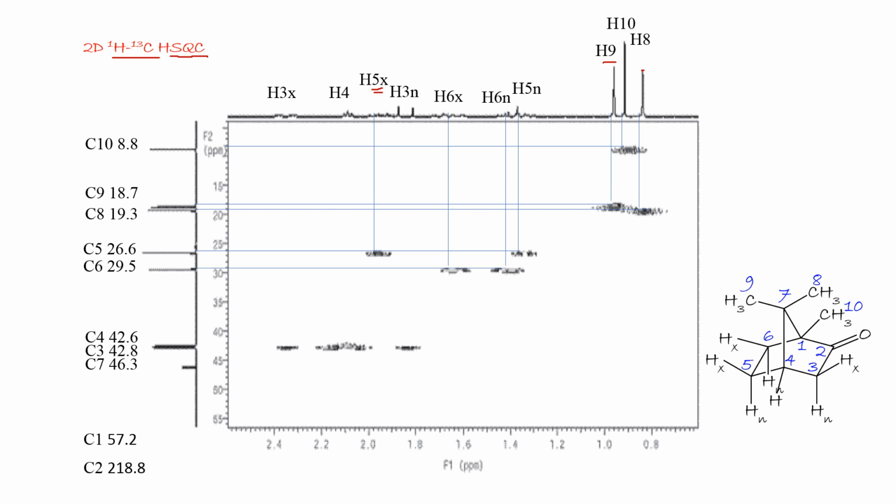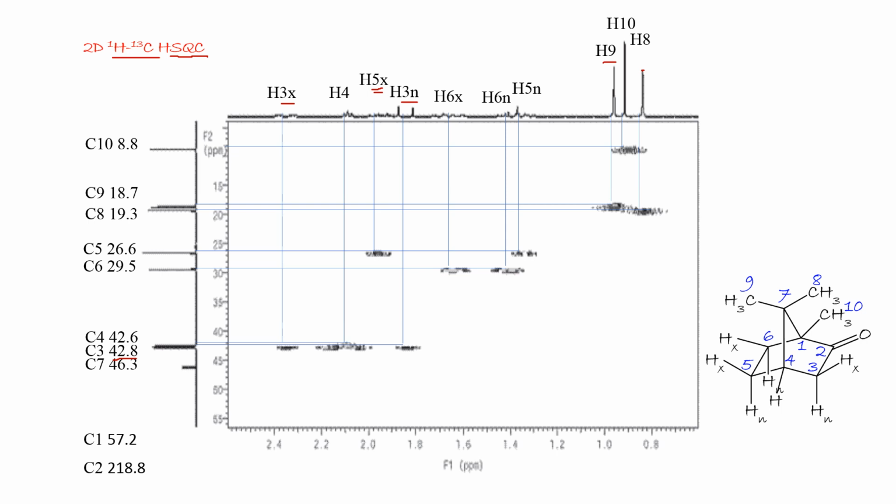Here we are. For H3N and H3X, at 42.8, the proton 4 on carbon 4, 42.6.